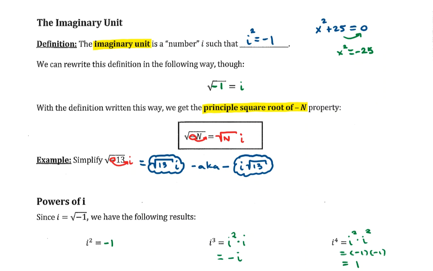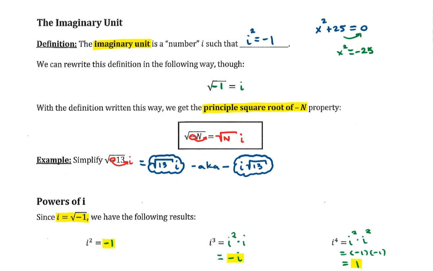But it turns out that all other powers of i simplify to one of these four results. It's either going to simplify to i, which is the square root of negative 1, or your power of i will simplify to negative 1, negative i, or positive 1.